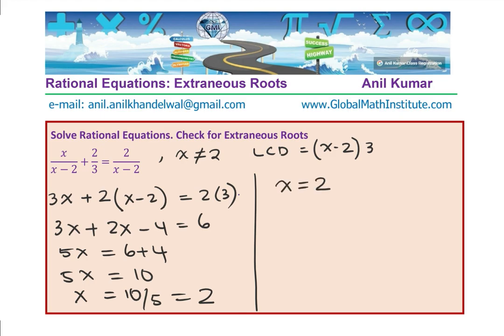Perfect. Now what do you notice? x equals 2 is a restriction. So therefore, it is an extraneous root. And since it is an extraneous root, and that's the only one we have, we have no solution to the equation.